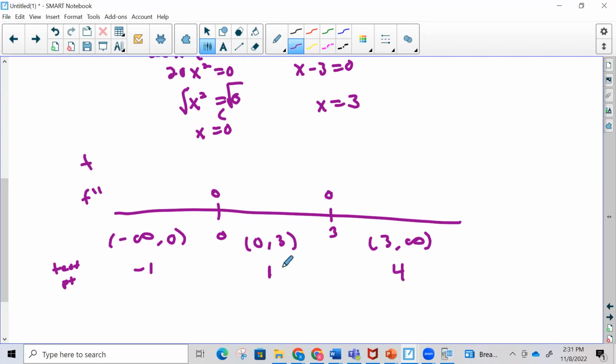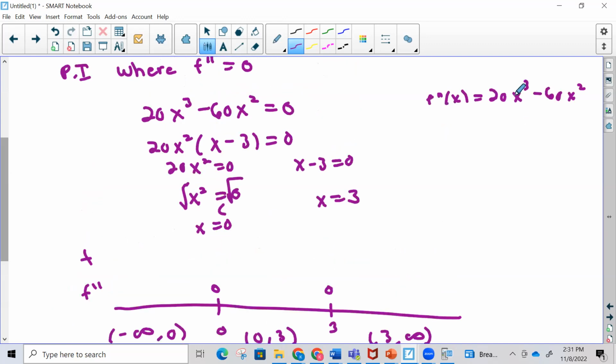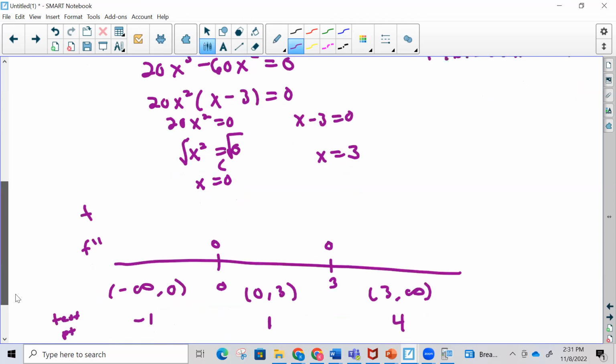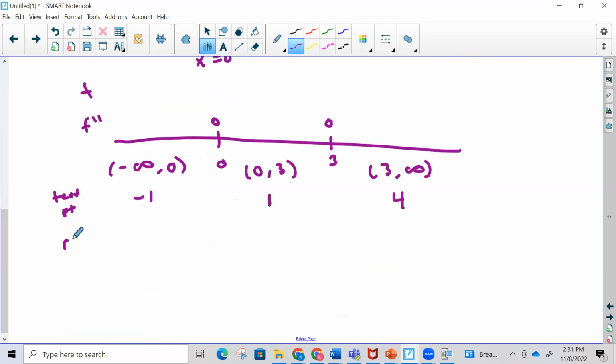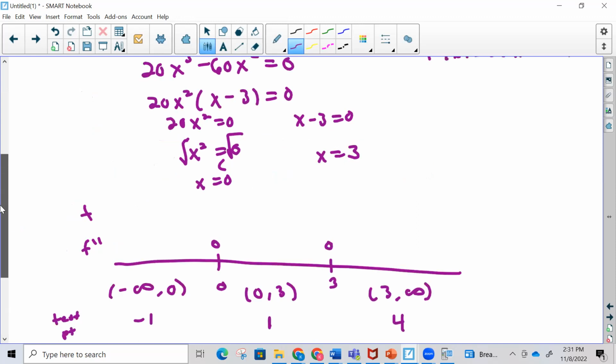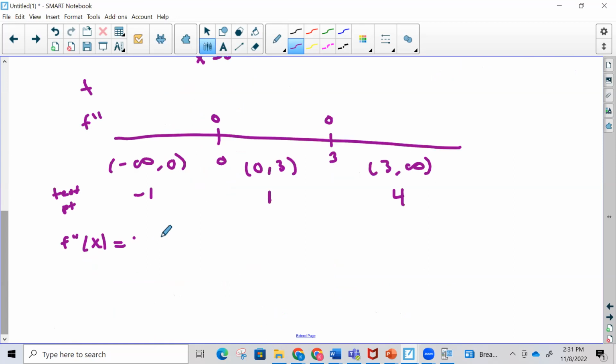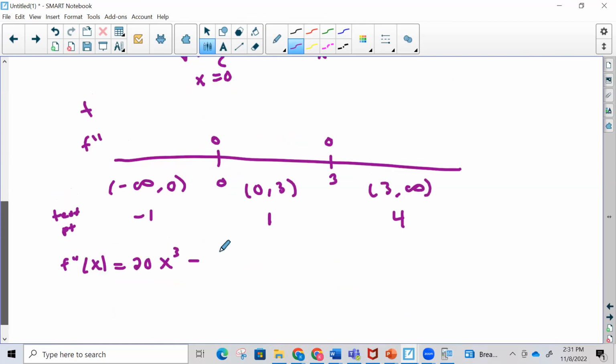Never use the endpoints. We're going to plug each of these values into the second derivative. You can do the factored form or the original, it doesn't matter. Again, the second derivative, because we're trying to figure out the sign to determine concavity and points of inflection. So we have 20x cubed minus 60x squared.